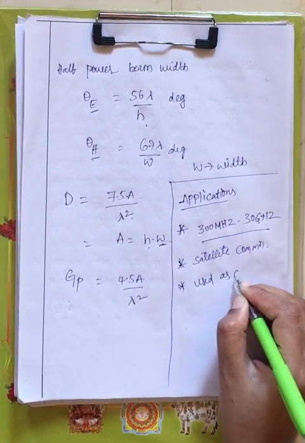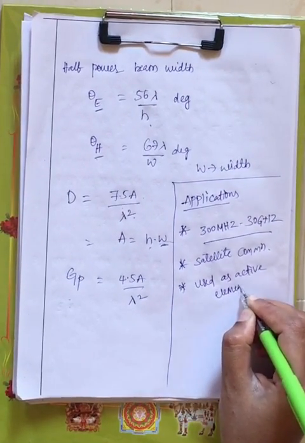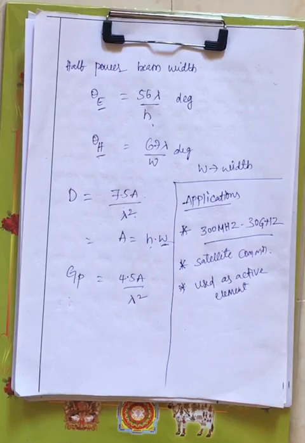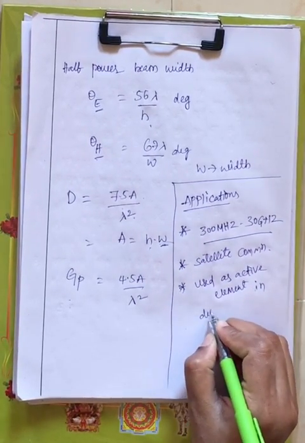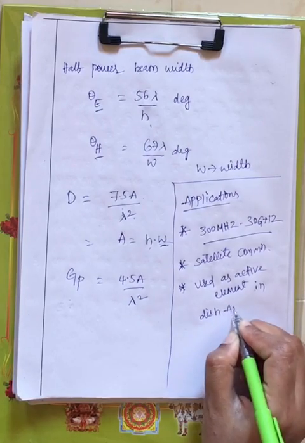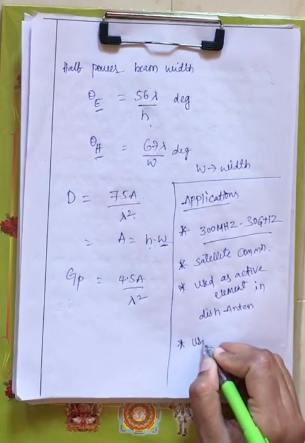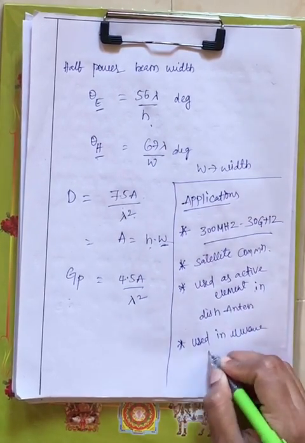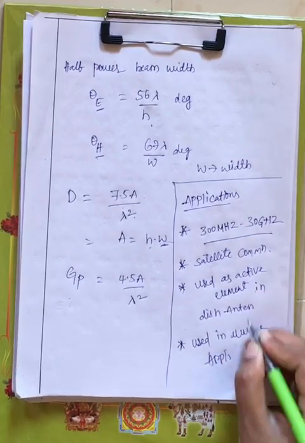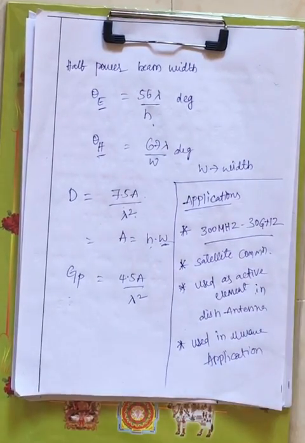If you see your TV dish, it contains this horn antenna. This is used as an active element in a dish antenna. And another one is microwave applications.